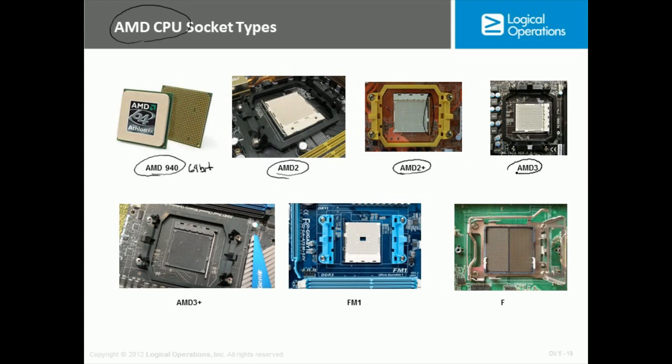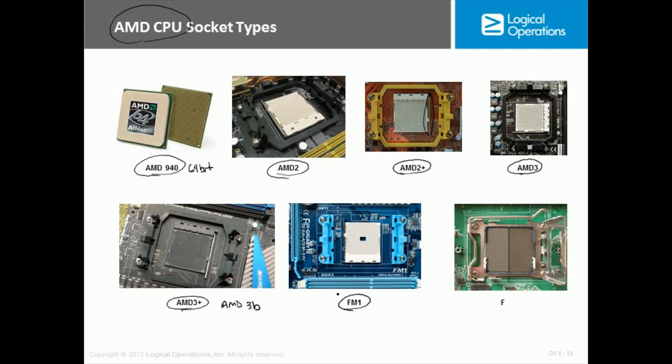The AM3 that you see over here is again designed to replace the AM2 Plus, but it's not compatible with the previous versions, the AM2 or AM2 Plus, because the pin layout is slightly different, and this one actually has just one more extra pin. The AM3 Plus, sometimes called the AM3B, was designed to be more efficient and use less power. The FM1 is AMD's next generation socket type.